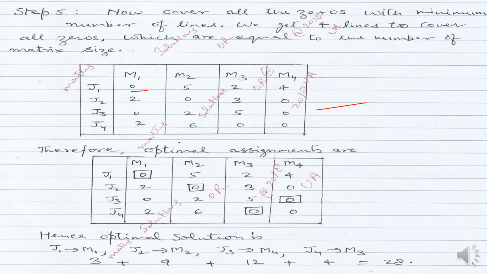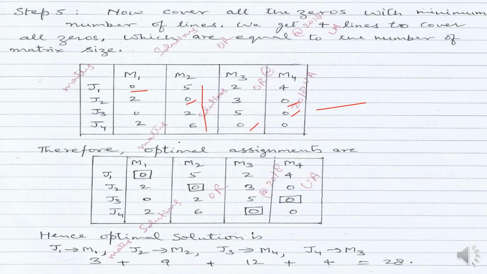We can see there again there are 2 options, M2 and M4, but when we see the column, only a single 0 element is here, so we will assign J2 to M2. J3 we can assign to M1 and M4, but M1 is already occupied by J1, so we will assign J3 to M4, and then we come to J4. J4 can be given to M3.